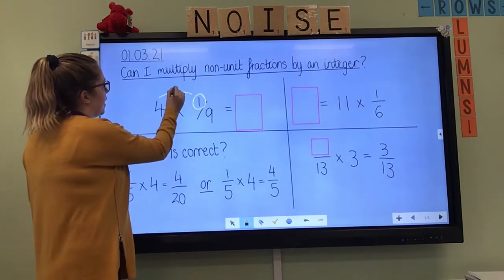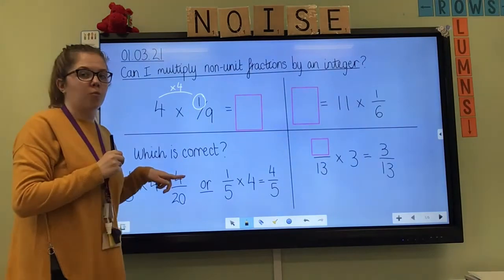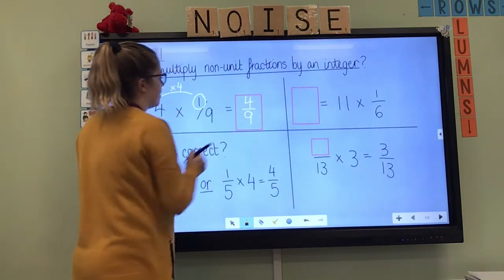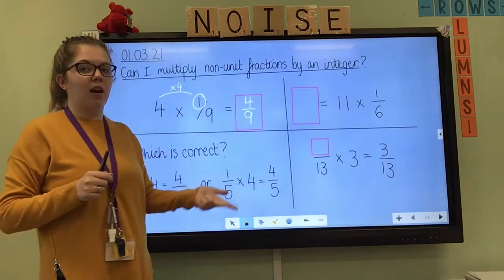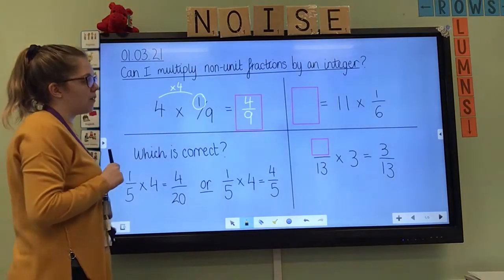So what we're doing here is 4 times 1, or we've got 4 lots of 1/9. And I know that that's going to be 4 ninths. If we've got a ninth, add a ninth, add a ninth, add a ninth, I've got 4 ninths altogether. So 4 ninths for that first one.